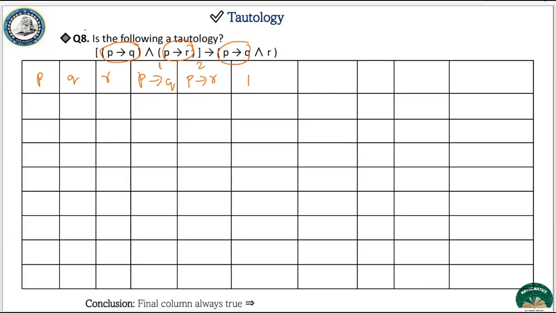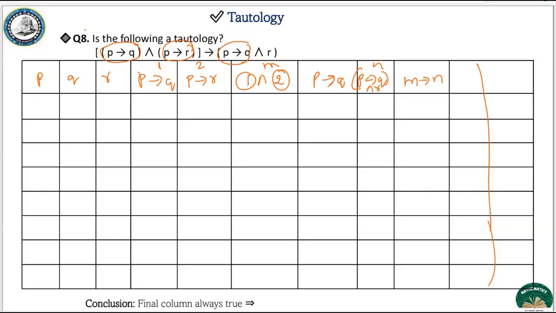Then the next bracket is P implies Q, P implies R, and then it is P implies Q and R. Then we can write this as 1. So this I'll write as M, and this whole term I'll write as N. So here the next one will be M implication N. So this line is not required.